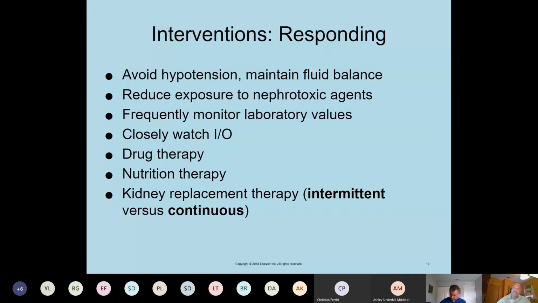But when you're in the unit, they may place them on a 24-hour therapy called CRRT. They may place them on that type of device for patients who cannot tolerate those kinds of changes in their blood pressure, as would occur with the intermittent type. It's a softer kind of hemodialysis system.